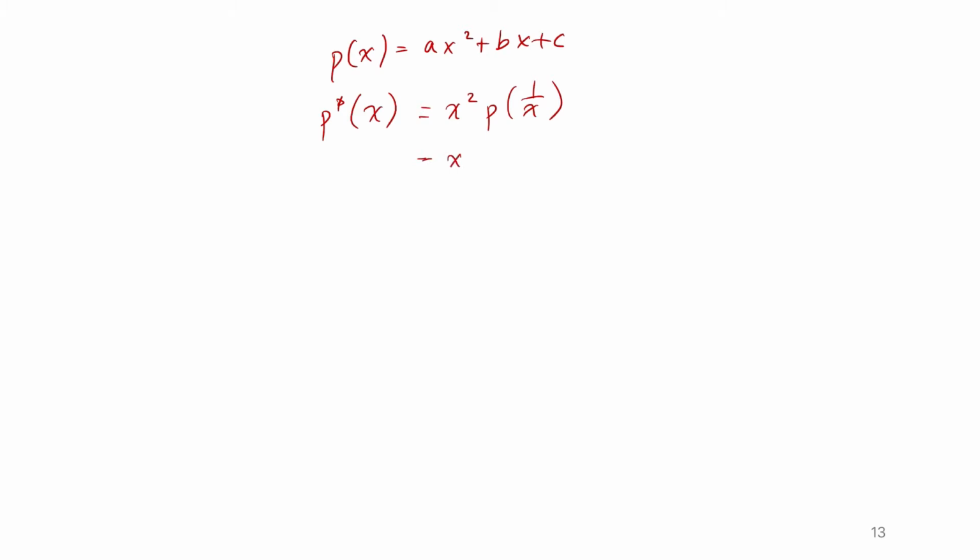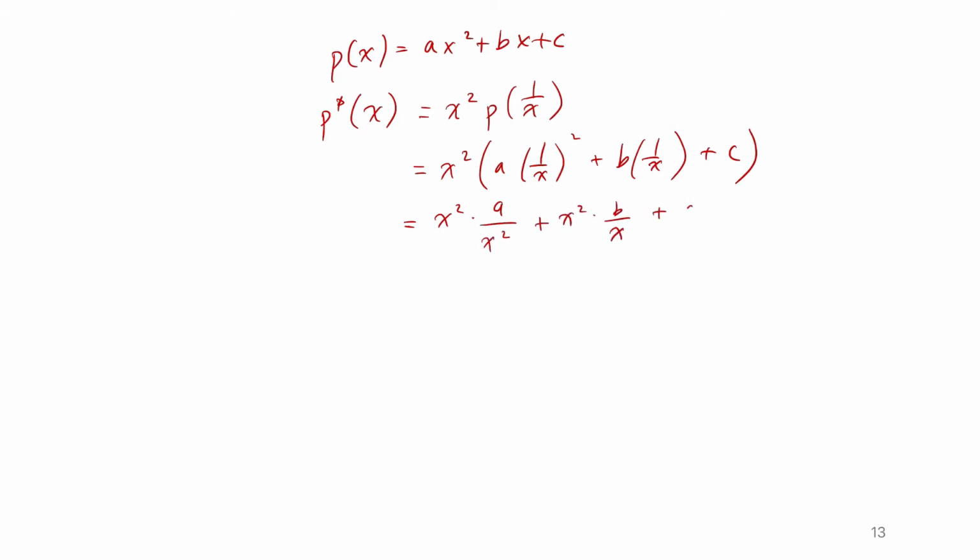So we'll say this is x squared times a times 1 over x squared plus b times 1 over x plus c. Okay? And so this is x squared times a over x squared plus x squared times b over x plus cx squared.